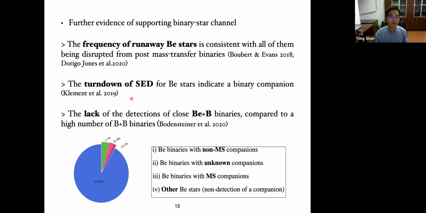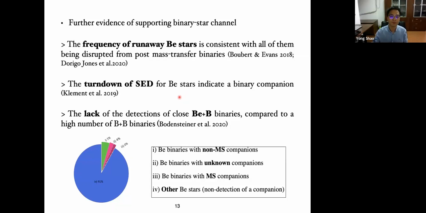And there's another piece of evidence: single B stars will have an extended decretion disk. Otherwise, if the B star has a binary companion, the decretion disk will be truncated by the companion.